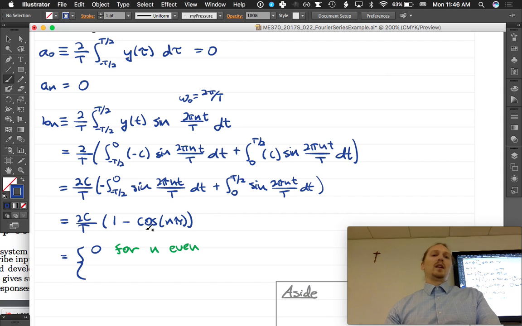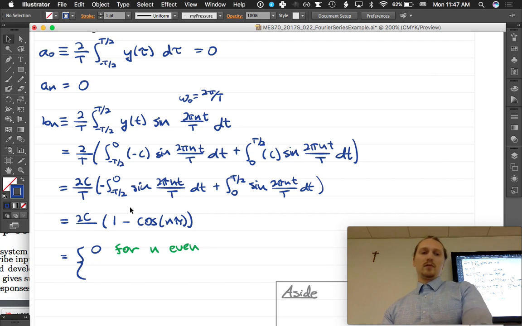So we get 2c over t. And then if you did cosine of any of these multiples here, oh wait, I forgot. This was not just t, this was n pi. When you compute it out, the t actually goes away, and you get n pi.